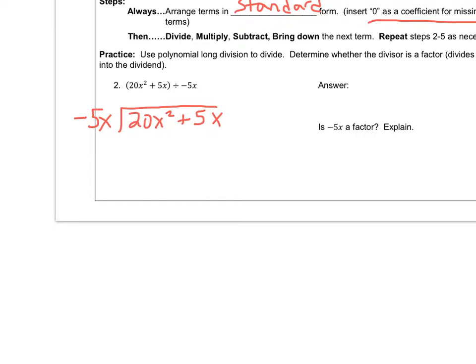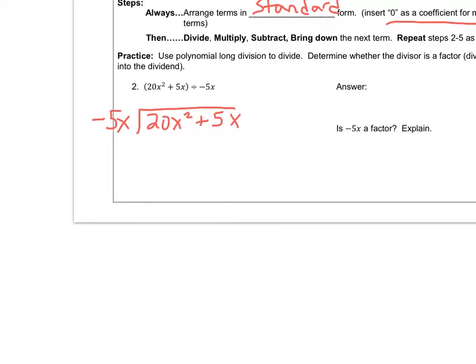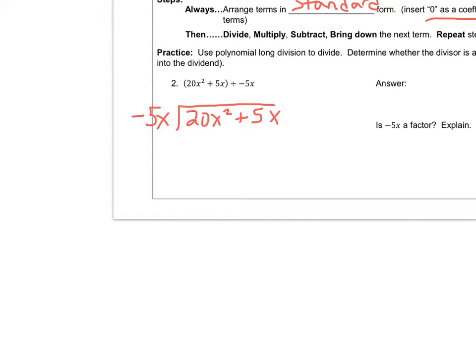So we're going to ask ourselves the same question. How many times does negative 5x go into 20x squared? You'll always have kind of a running tally going on the side of these problems. So we're going to take 20x squared divided by negative 5x. Our coefficients, we just divide them, so that's going to be negative 4.